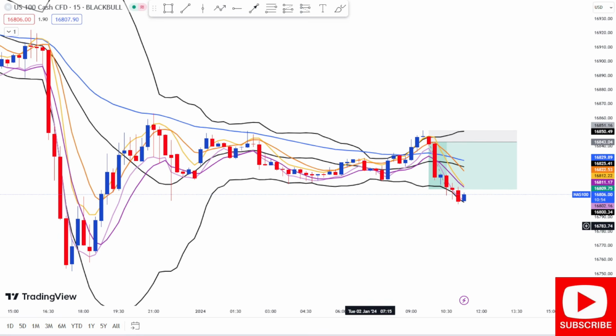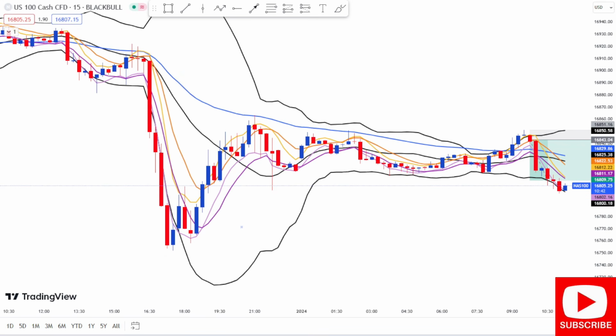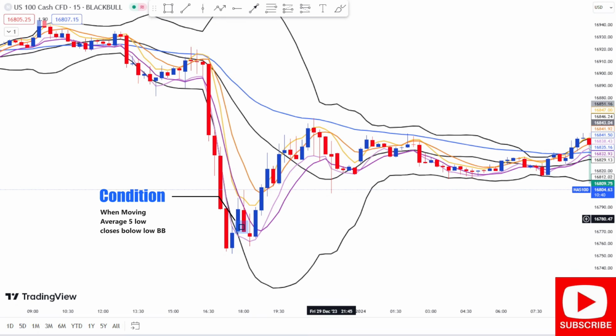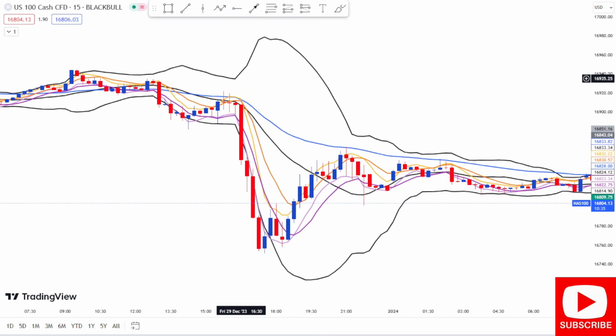So for the extreme buy, the same is the case that we discussed earlier on. It is simply when the moving average 5 low crosses and closes below the lower Bollinger Band. And as you can see, this happened right here.